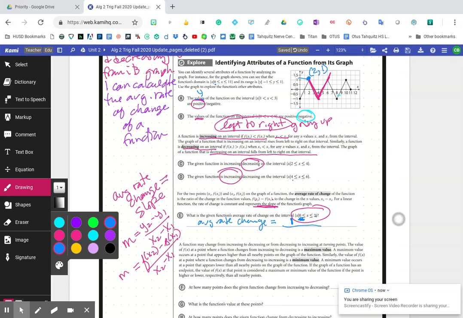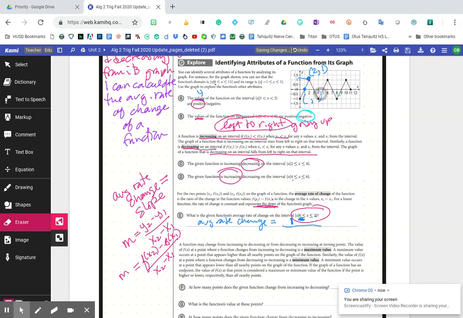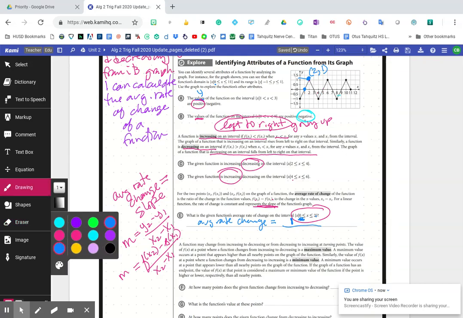Minus, I need the y value at 0. So at 0, I'm right here, and that would be the point. Out 1, up 0. Nope, that is not the point I want. I'm sorry. Erase that mess. Okay. I want my x value to be 0, not my y value. My x value is 0 right here. So that's the point. Out 0, down 1. So my y value would be minus 1.